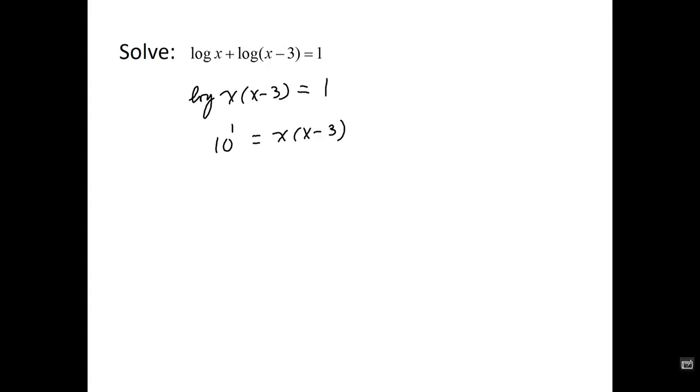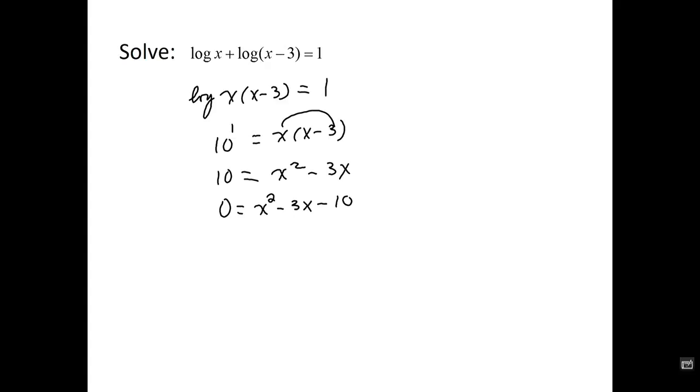Now let's simplify. We have 10 is equal to x times x is x squared, and x times a negative 3 is a negative 3x. So we have 0 is equal to x squared minus 3x minus 10.